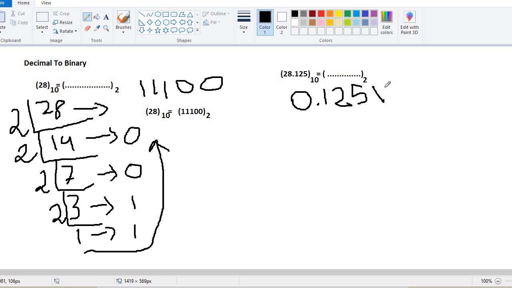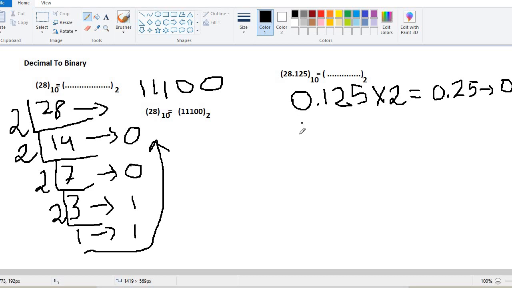I will multiply it by 2. So what will I get? I will get 0.25. Okay, that means before the decimal what we have? We have 0. Okay.